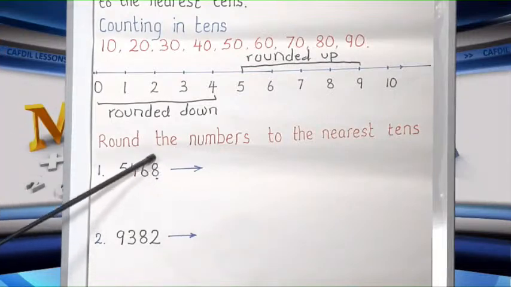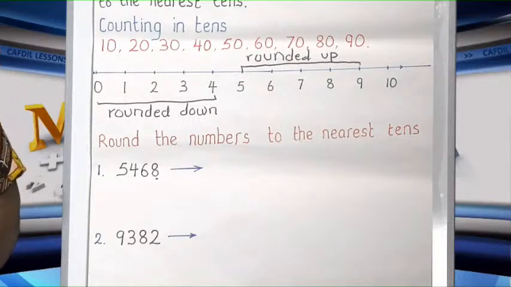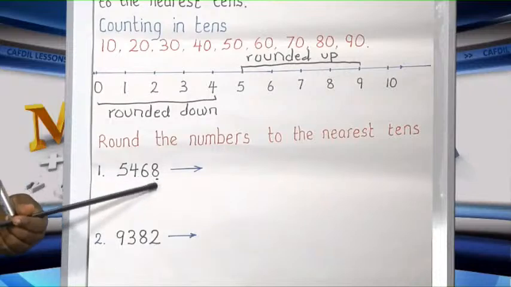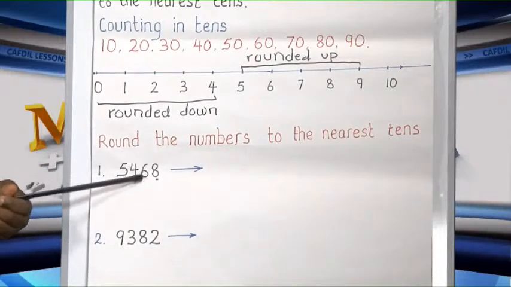So if this number is closer to 10, then we have to add 10 to the 60 here. So we add 10 to this 60, which will make what? 70.